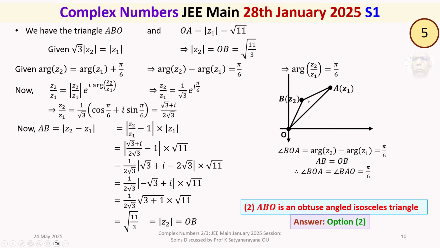What will be this one? That is pi minus pi by 6 minus pi by 6, and therefore angle OBA will be 2 pi by 3. What is 2 pi by 3? It's an obtuse angle. So ABO is an obtuse angled isosceles triangle, and the answer is option 2.